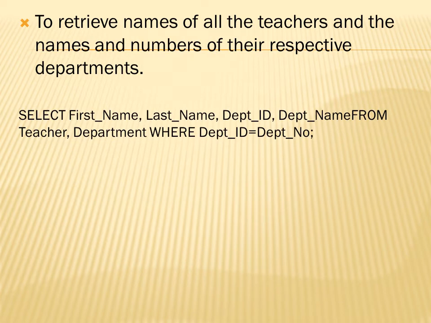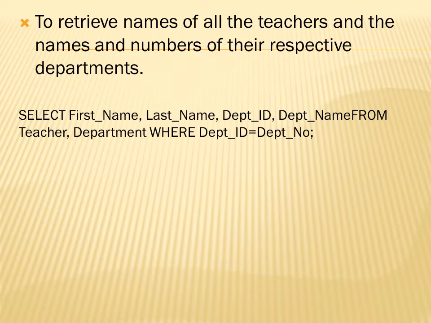Select first name, last name, department ID and department name from teacher, comma, department, where department ID is equal to department number. You have to display the department numbers also, and department number is in which table? Department table. Okay, and you have already used the foreign key and you have referenced it, so you will use it like this.